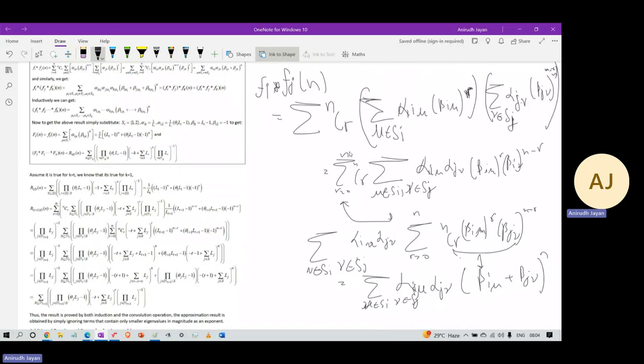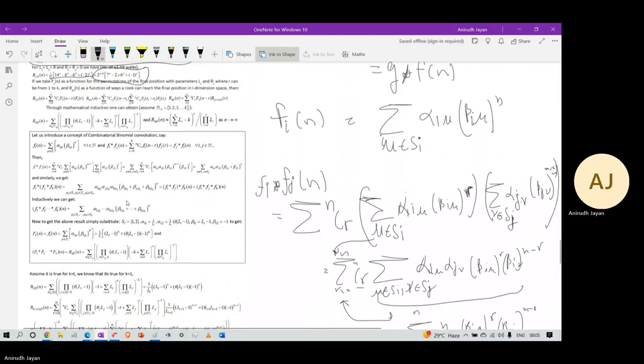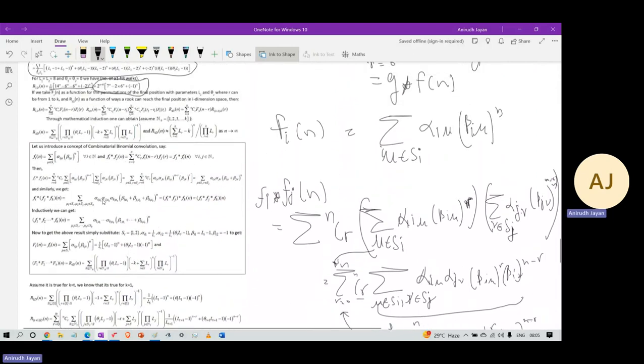So what we have done, we have used the distributive property of multiplication to combine summations. Then we have brought the NCR inside, and we have combined to get the following. Here is your Fi star Fj.